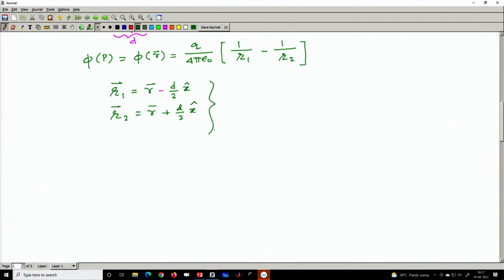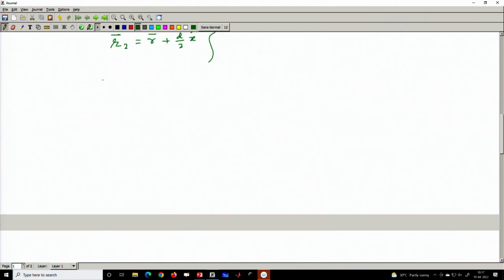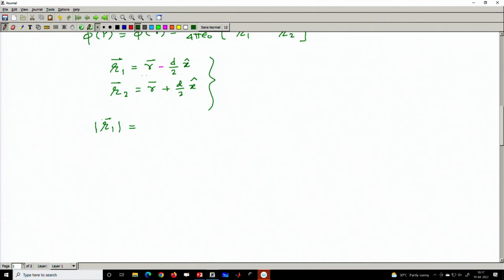Now, I can calculate 1 by R1 and 1 by R2, but first we need the magnitude. The magnitude of R1 simply comes up to be, because I now know R minus d by 2, R square plus d square divided by 4 minus 2 times d by 2 times R and cos theta, where theta is the angle between these two.